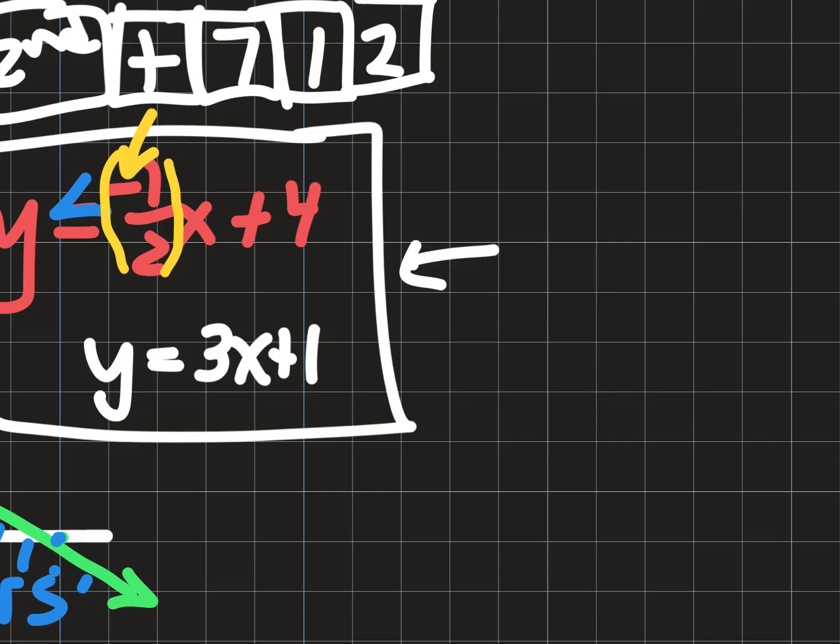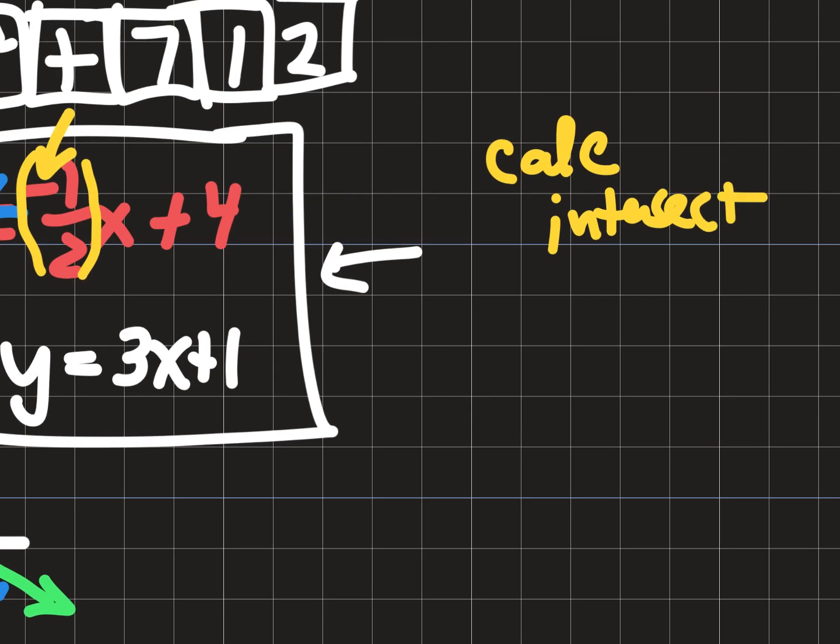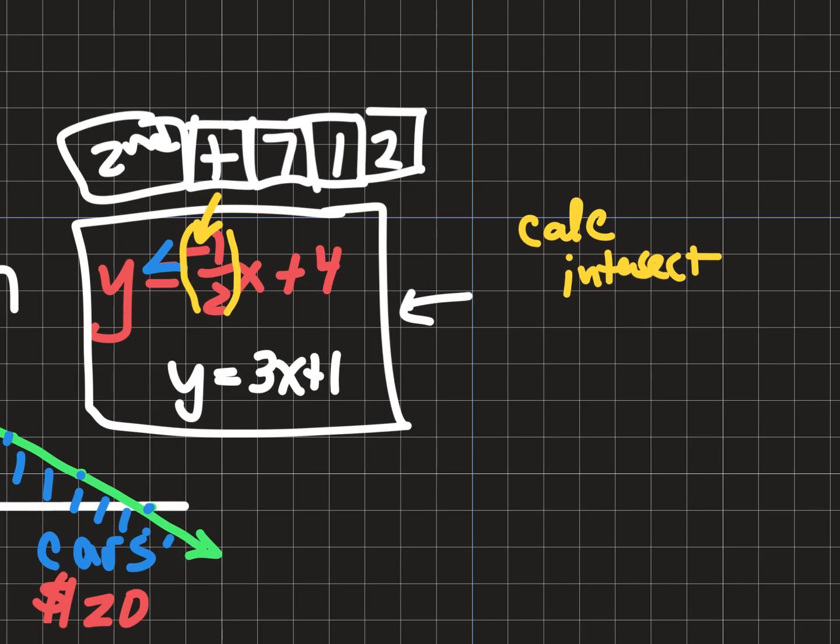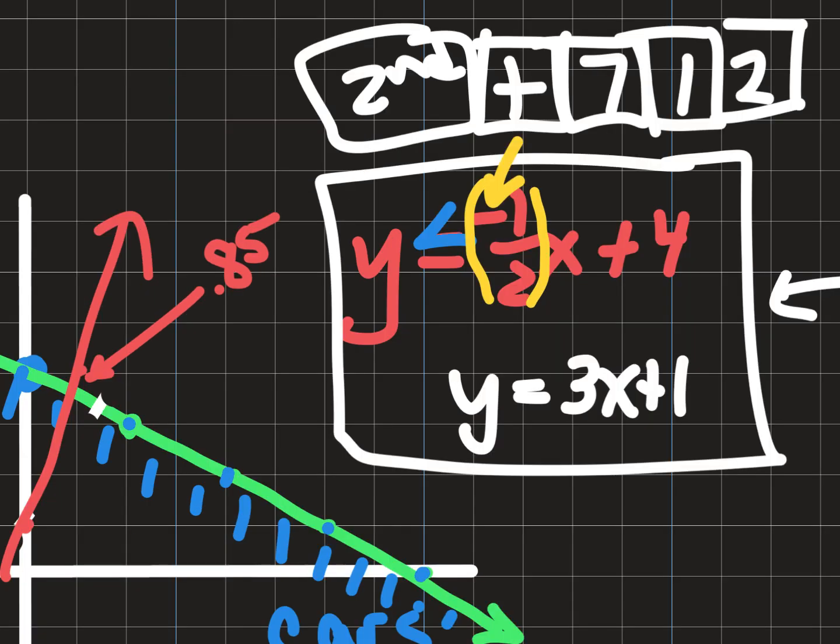The trace button near the top row of the buttons, there's this thing called calc right above the trace button, and then you want intersect. And then the weird thing at the end is you got to hit enter 3 times. And then it finally jumps to the spot where they intersect. Okay, check with the kid next to you, make sure you got your intersect point right. So by using the calculator, we were able to figure out that 0.857 and 3.57 were the coordinates of that point right there. Okay.